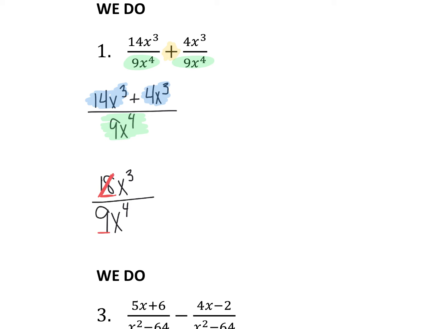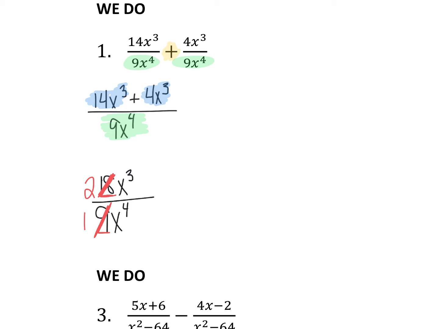So I'm going to change my 18, and I'm going to do 18 divided by 9, which is 2. That 2 is going to replace the 18. Since I divided that one by 9, I'm going to take my 9 and divide it by 9, sorry, and then I will get 1. So now my numbers are done. I can't reduce 2 over 1 any further.